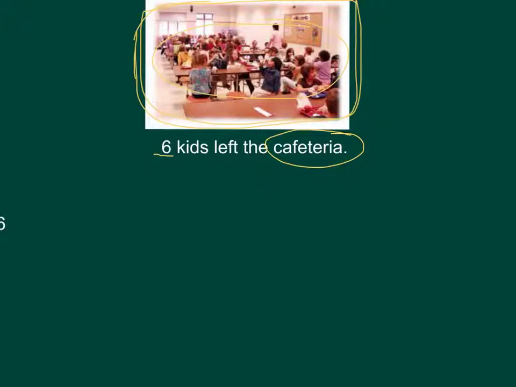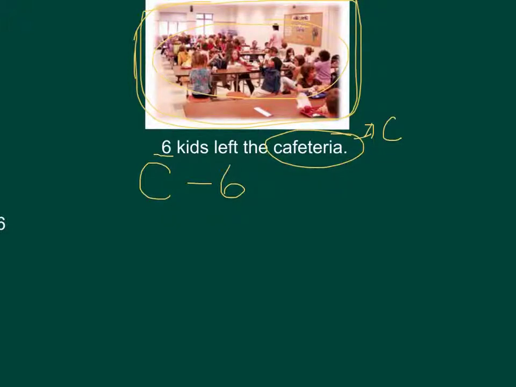No. We can pick our own variable. I'm going to use the letter C because C starts cafeteria, but you can use any letter you want. So how would I write that as an expression? If you said C minus 6, you're correct.